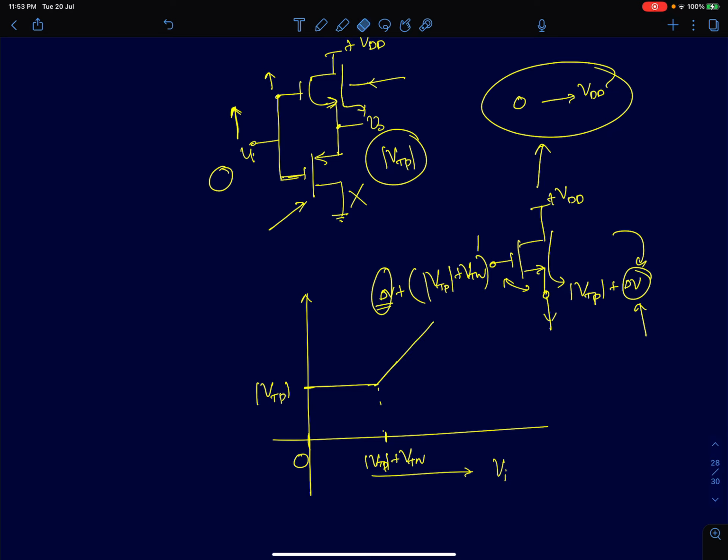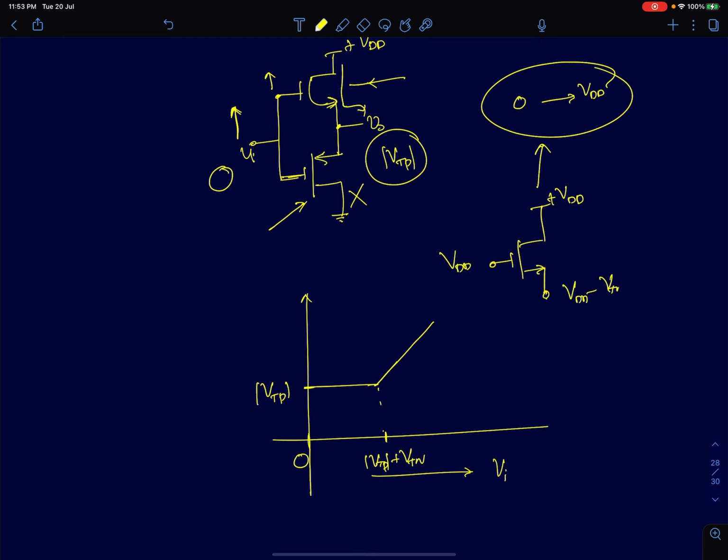And when the input reaches VDD, the output is going to be at VDD minus VTN. So it will keep charging till VDD minus VTN, and after that this NMOS goes into cutoff, so it will no longer conduct. So the graph is going to look something like this.